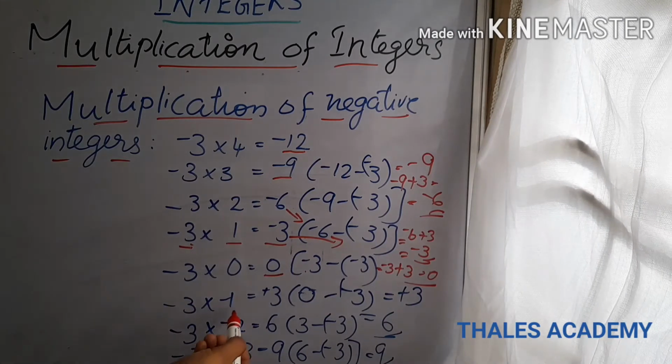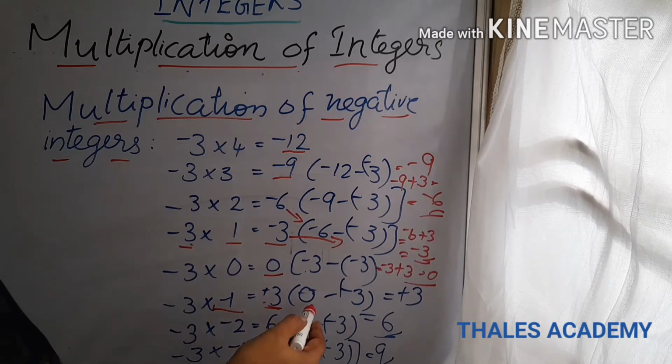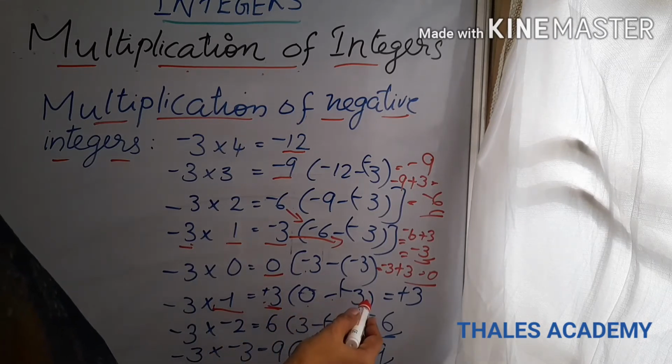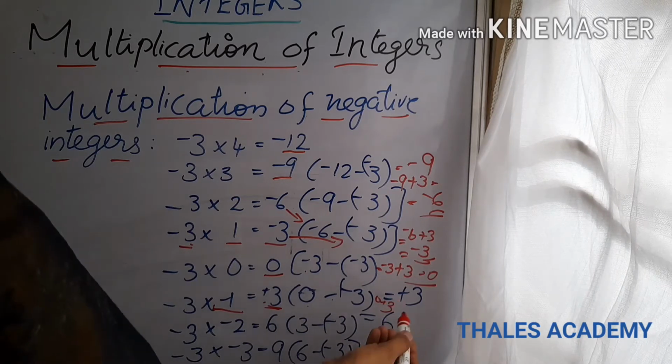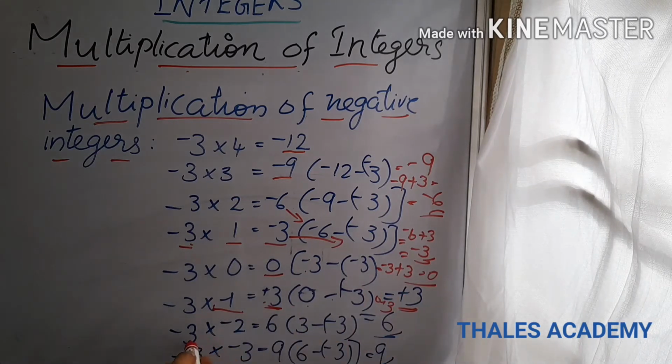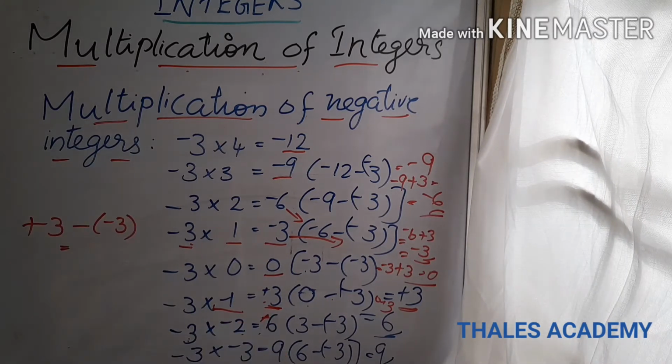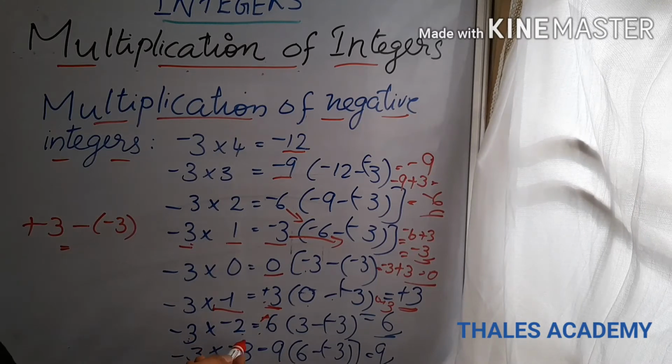Minus 3 into minus 1, we get plus 3. 0 minus minus 3. That is 0 plus 3 equals plus 3. Minus 3 into minus 2, we get plus 6.